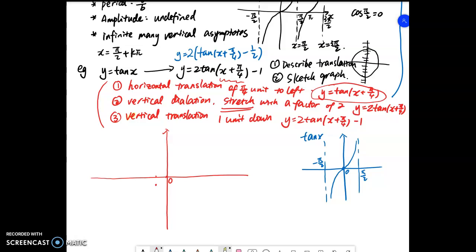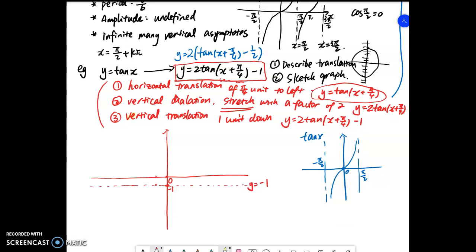And also my function is this one. Again, as we mentioned earlier, the principal axis has become -1. So that's my principal axis. So tan x has a principal axis of y equals 0, but this one has a principal axis of y equals -1.